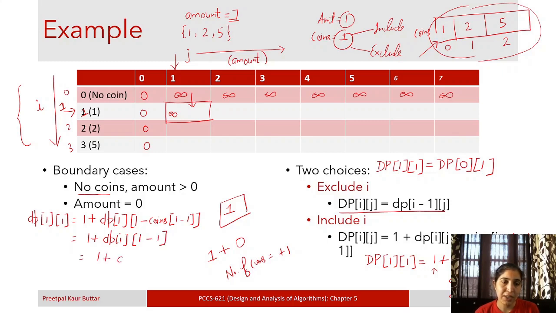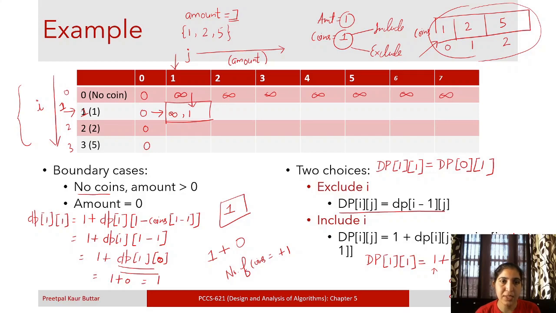So after taking this coin, the amount left is 0. What was the solution for this? Its solution was 1 plus row 1 and column 0. It means you are trying to make an amount equal to 0. For making an amount equal to 0, you do not need any coin. So its answer is 0. So 1 plus 0, 1.